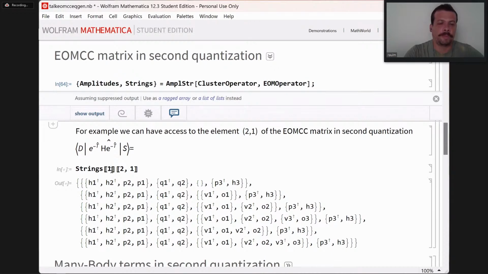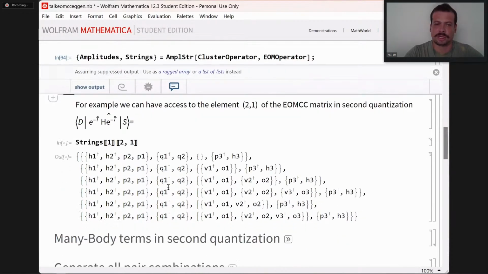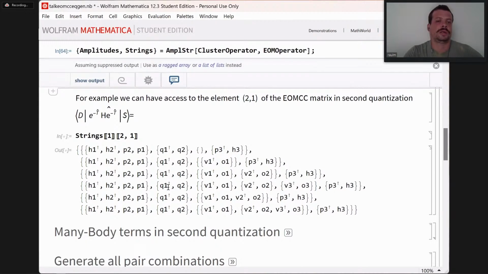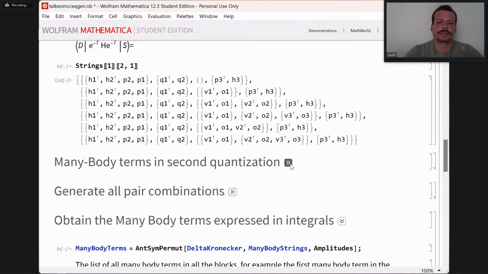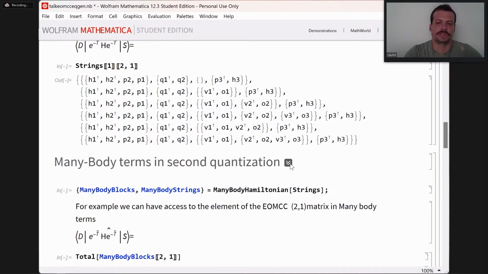So for the one body operator and for the block 2,1, we obtain this string in this second quantized form. You can notice that the indexes are different because we are interested in obtaining higher orders, like up to quintuples, quadruples. If I use I, J, K, they start to mess between each other. So this notation is more systematic, but it's the same idea. And then what I do is I obtain the many body terms.